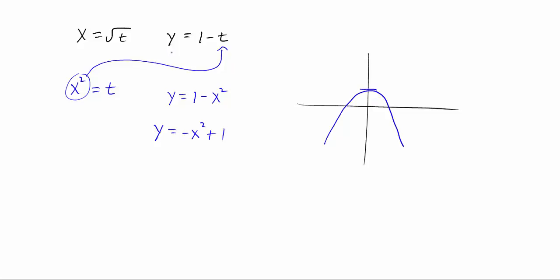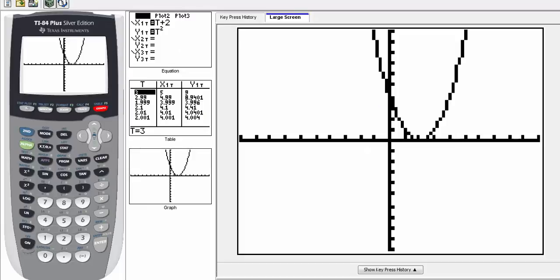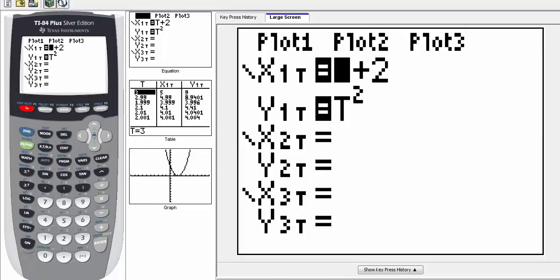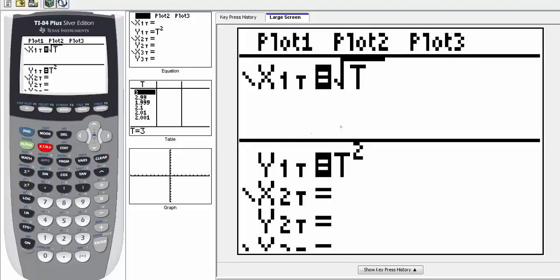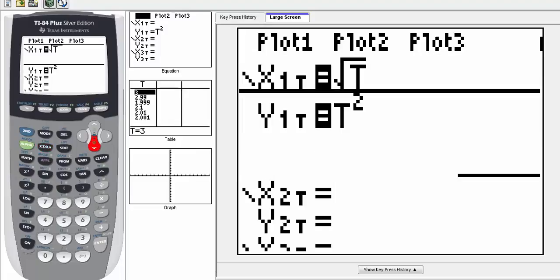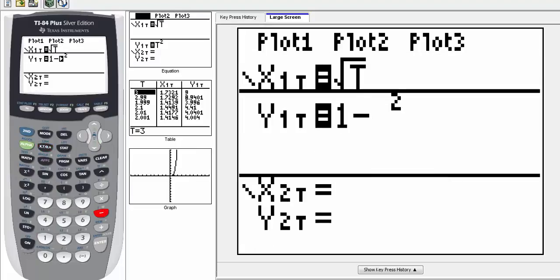Now let's graph the parametric equations to see if we end up with the same thing. So here we'll go to y equals. We'll clear out the first one, and we would have the square root of t. And then for the y, we would have 1 minus t.